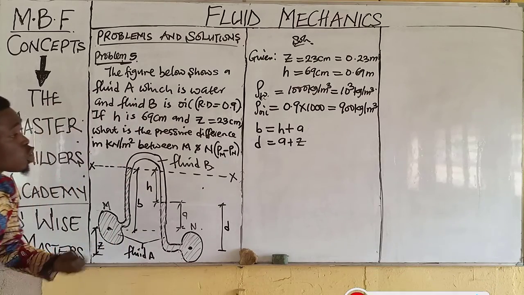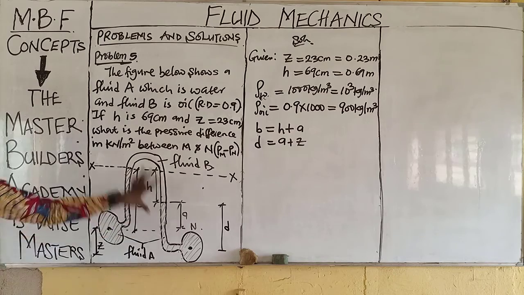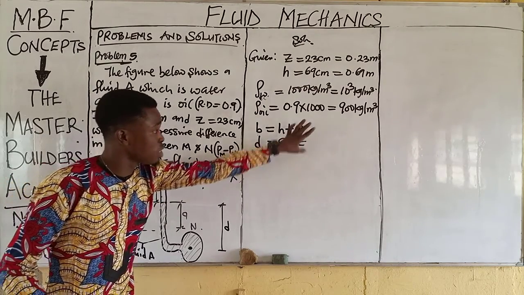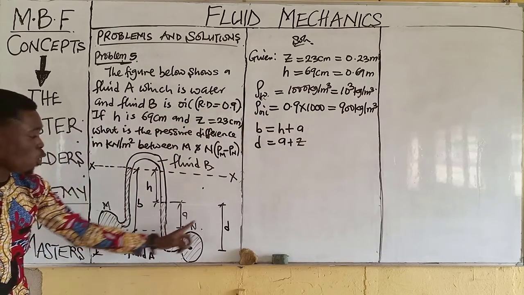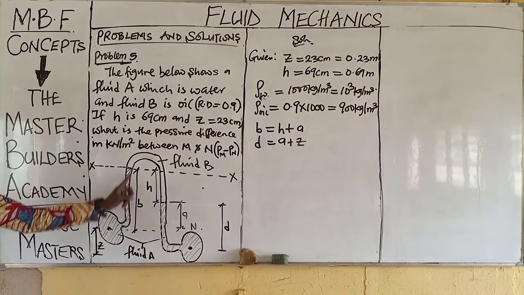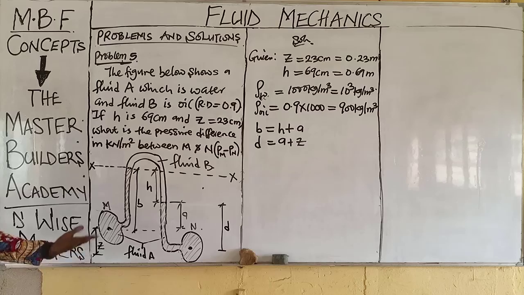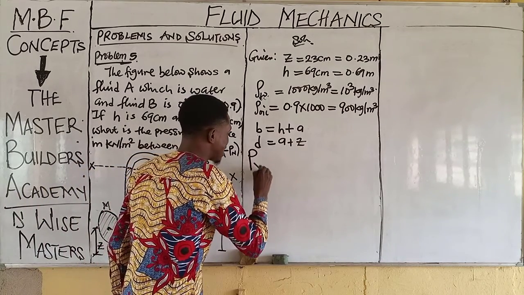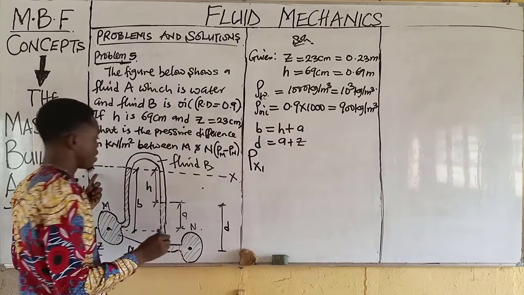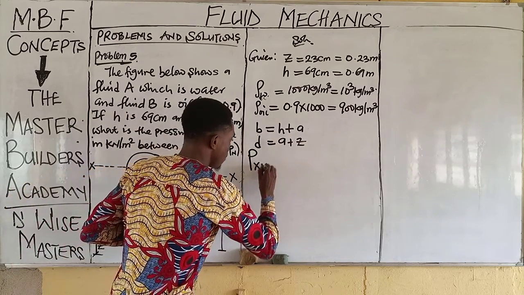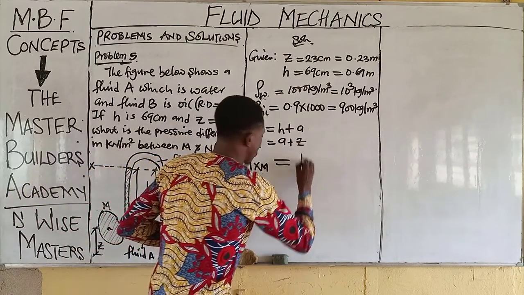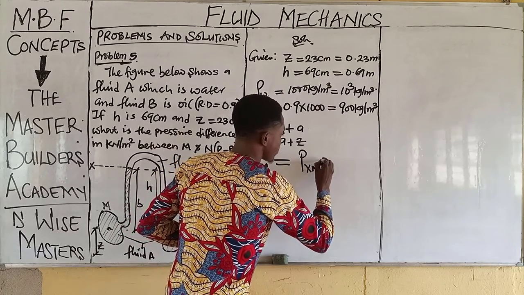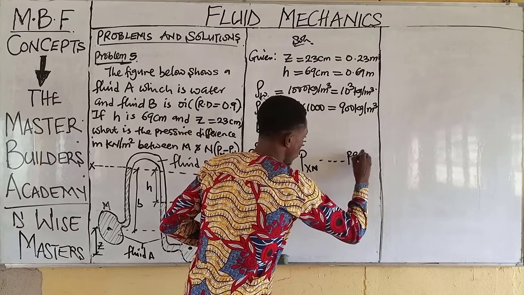Now all we need to do is to substitute into the equation. Now I know the relationship between these guys. I now know the depth of D. I know the depth of water to this end. I can now make use of Pascal. From Pascal, we have that the pressure acting at the left end of this M must be equal to the pressure at the other end, X on N. This is Pascal's law.